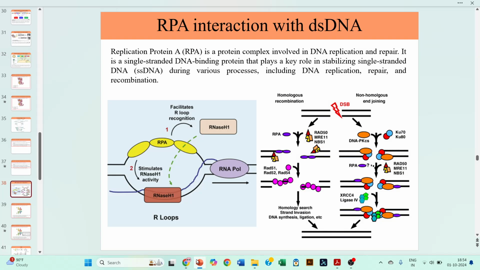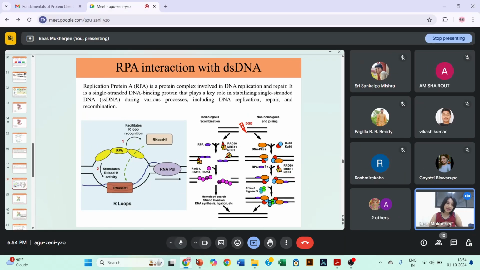So we come to a protein which is a single stranded binding protein. This is useful when it comes to DNA replication. After the DNA gets unwound, that is, your replication fork is forming, the single stranded binding protein comes and binds to the single stranded DNA. That is what we can see here in the figure on the left.